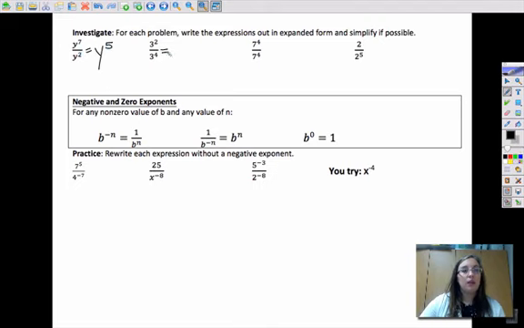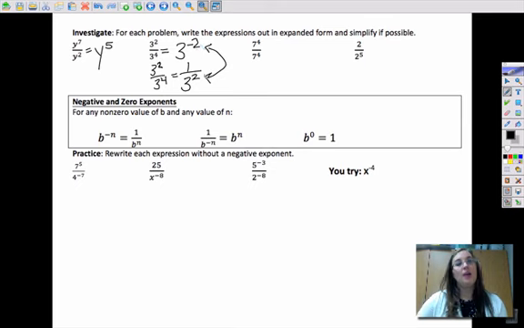But then we look at the next one and we see we've got a 2 and a 4. We've got a bigger number on the bottom. So we can think about this in 2 ways. We can think about it as 3 to the negative 2 by subtracting our exponents, or we can think about it as having 1 over 3 squared because I'm canceling out 2 of the 3's in the bottom. Okay? And then I know that because I'm thinking about this in 2 different ways, these have to be equal. Okay? So that's just what this first part shows us.